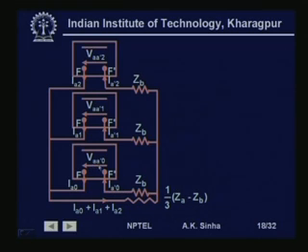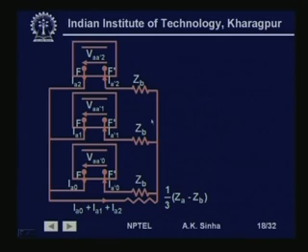So, this is V A dash 0 minus Z B into I A 0, the voltage across these 2 points. Similarly, V A dash 1 minus Z B into I A 1 is the voltage coming across these 2 points. Similarly, V A dash 2 minus Z B into I A 2 is giving us the voltage between these 2 points. That is why, and these are equal, so we have connected them.